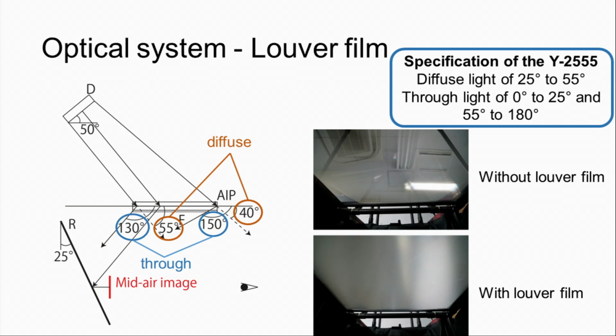And the range of the undesirable light is 40 degrees to 55 degrees. Therefore, we used Y2555, which diffuses light of 25 degrees to 55 degrees. From these pictures, Louver film allows light to pass through to form mid-air image and prevents unnecessary light from passing through.